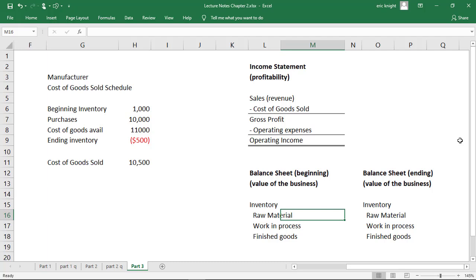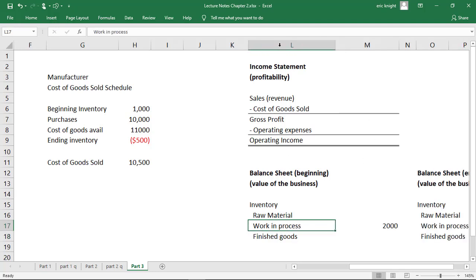So let's say at the beginning of the year we have some skateboards that we're working on, valued at $2,000. And let me make these adjustments here.